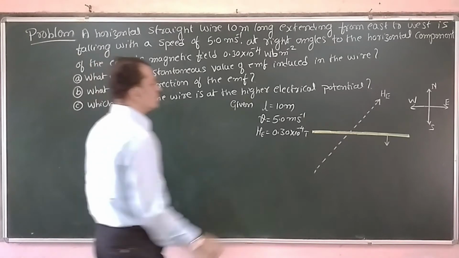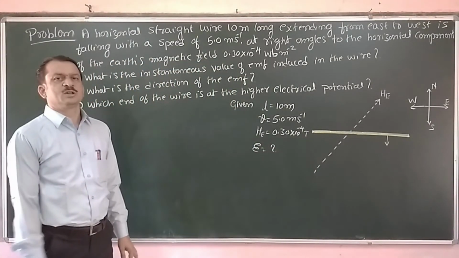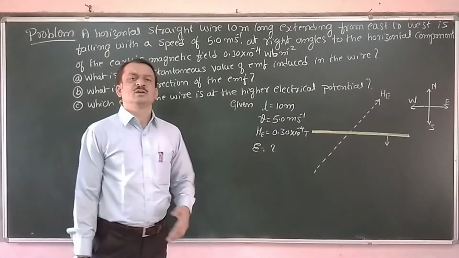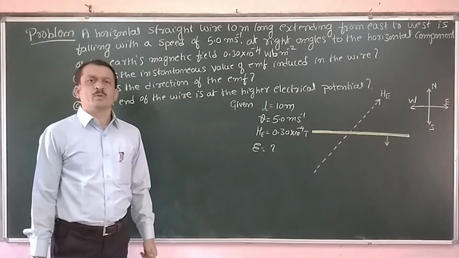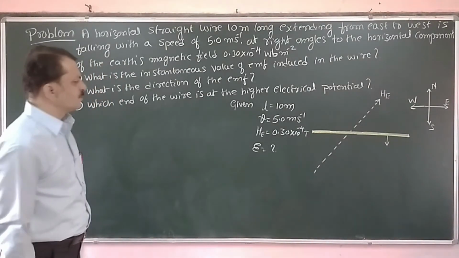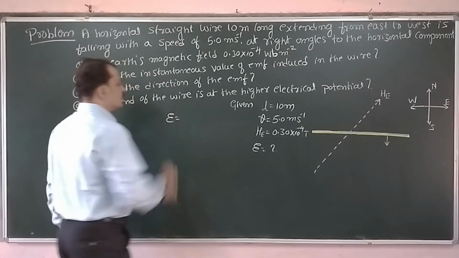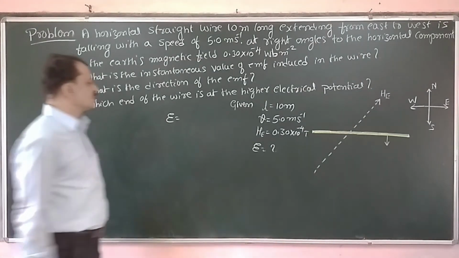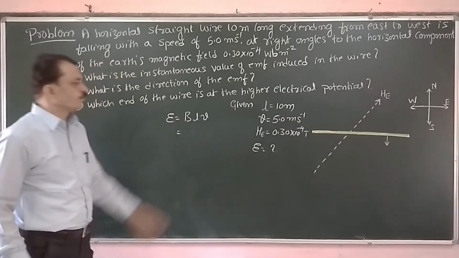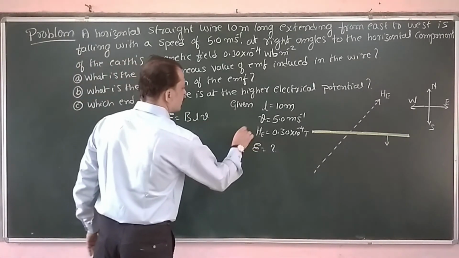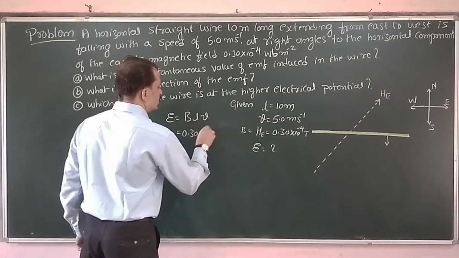Okay. Now we have to work out what is the instantaneous value of EMF induced and its direction and which end is at a higher electrical potential. Those three things we have to work out. Very simple. In the case of motional EMF, we have studied the instantaneous value of the EMF induced is given by the simple relation B L V. B, the horizontal component of the Earth's magnetic field, is 0.30 into 10 to minus 4.